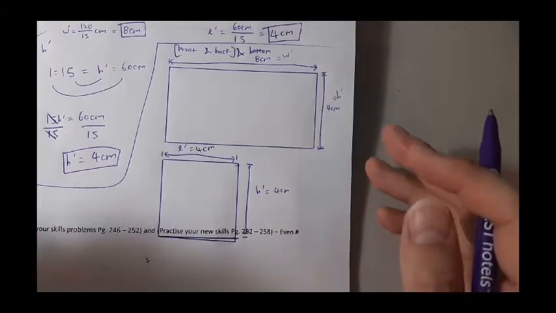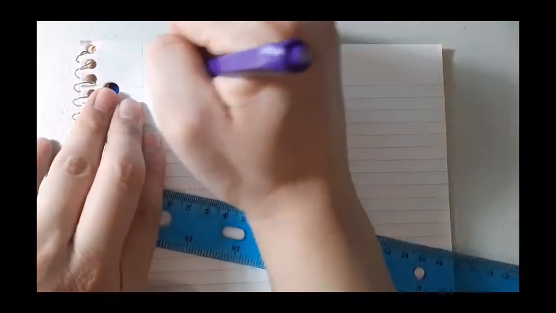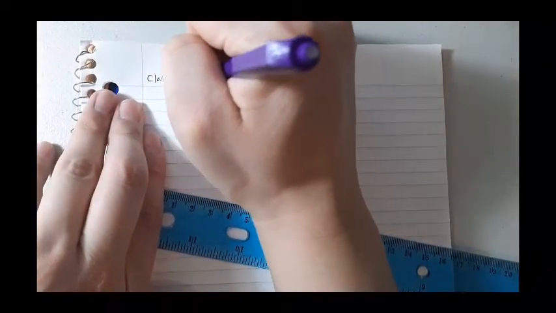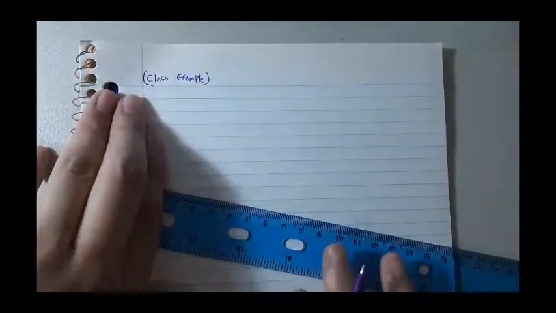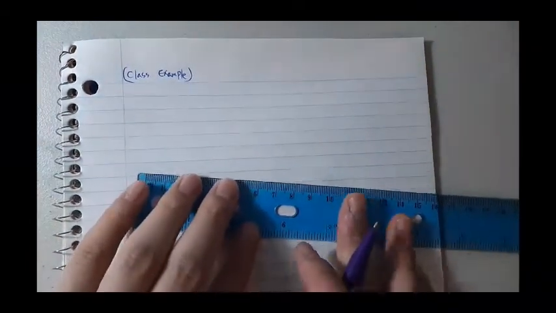Now, next example, I want to create a new example, and let's do some specific one. Sorry. This is a class example. It is neither available in your workbook nor class notes.